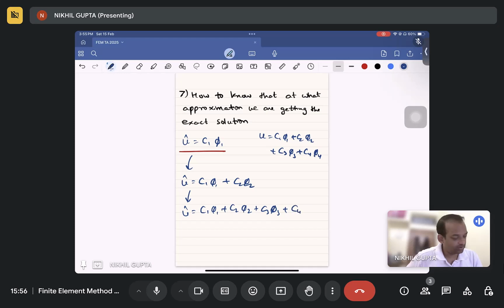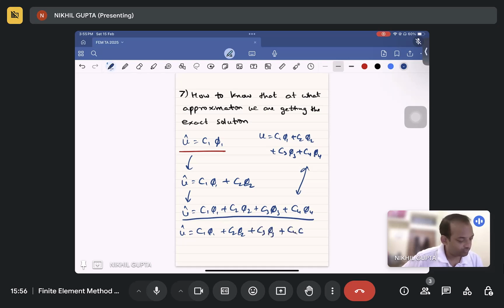Let's directly move to the fourth one. In this case, you will get a correct solution, but you don't know whether it is correct or not. So you add more elements: C151, C252 plus C353 plus C454 plus C555.